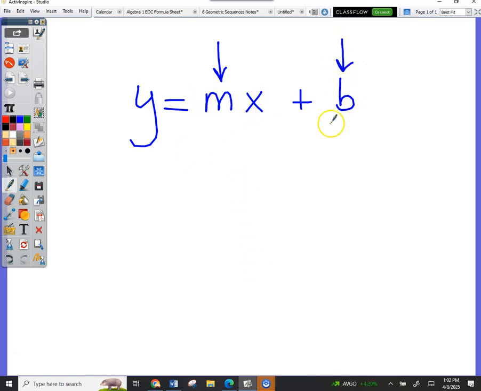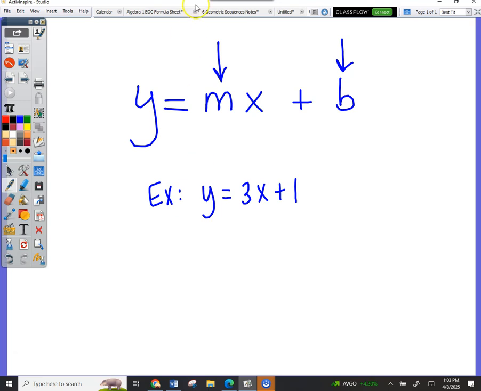We only plug numbers in for M and B. So for example, if I said, hey, go graph this, y equals 3x plus 1. That's an equation of a line. The slope is M, the B, y-intercept is 1. Do you notice how we don't plug anything in for x and y? We write x and y in our formula. And that's because that's how we can go graph it. And now I can pick any number x I want, plug it in, and I get my y.